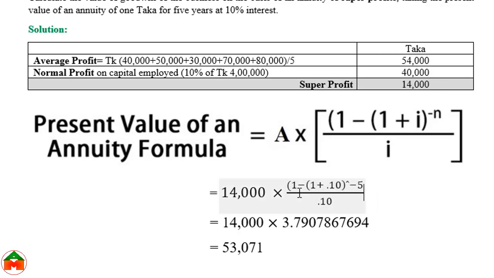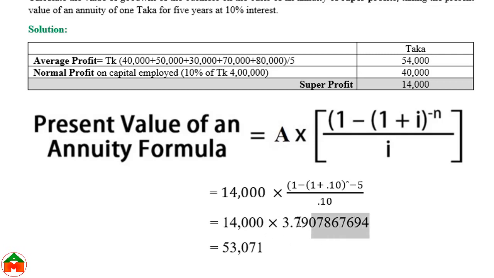If we use the calculator, we can get the present value interest factor for the annuity. This amount can be calculated by using a calculator, or it can be taken from a present value interest factor for annuity table. The present value interest factor for annuity is 3.7907. You can take 4 digits after the decimal, but for an accurate result we have taken 10 digits.